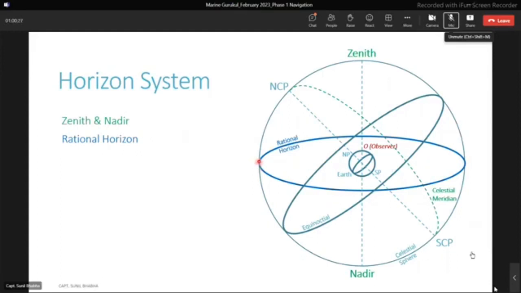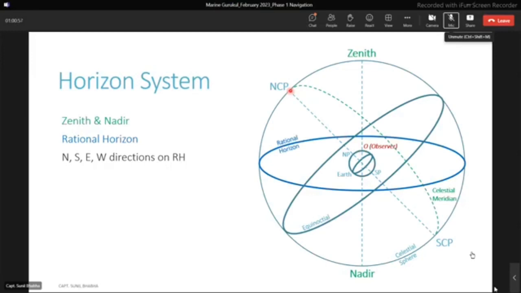Now let's try to specify a sense of directions basis the rational horizon. Now if you have the observer at this particular location on the earth surface, and let us say this observer is looking at the sky in the northerly direction, so he will have this north pole exactly in front of him.